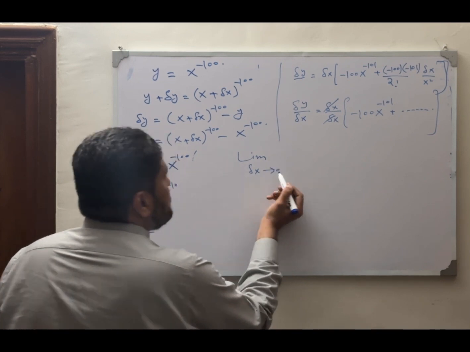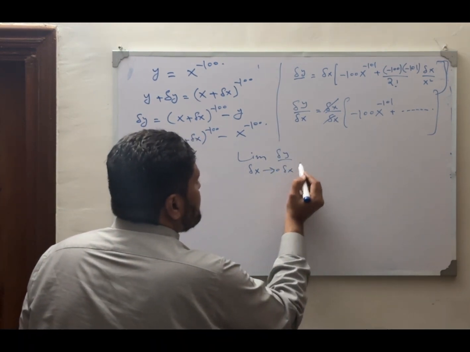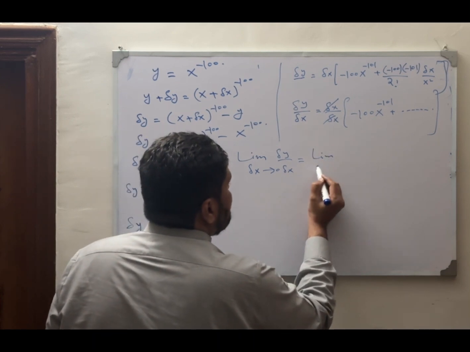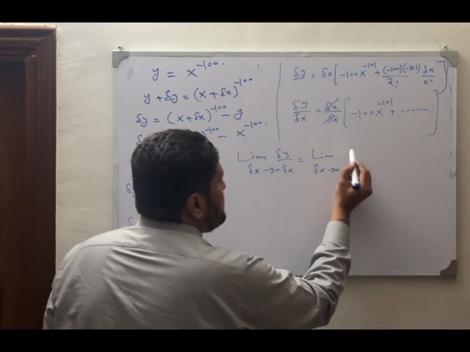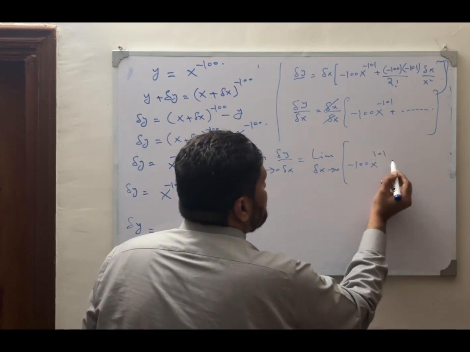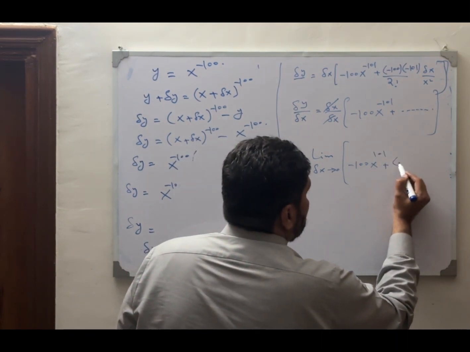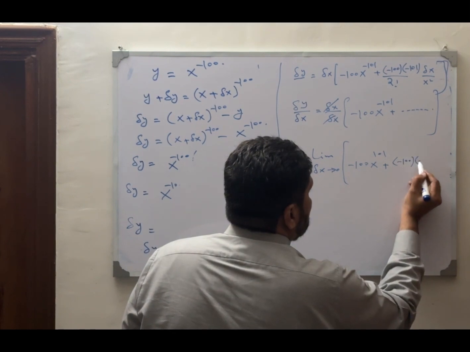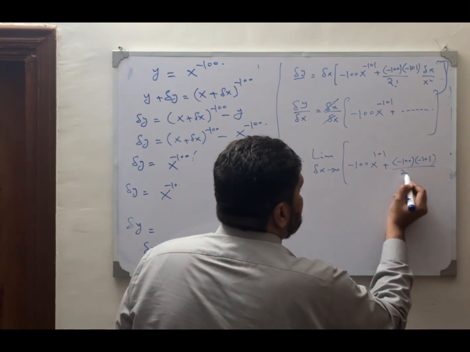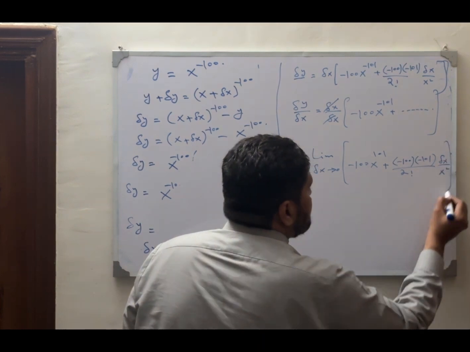delta x approaches to 0, delta y by delta x, that is equal to limit delta x approaches to 0 into minus 100 x power minus 101 plus minus 100 into minus 101 over 2 factorial into delta x by x cube.